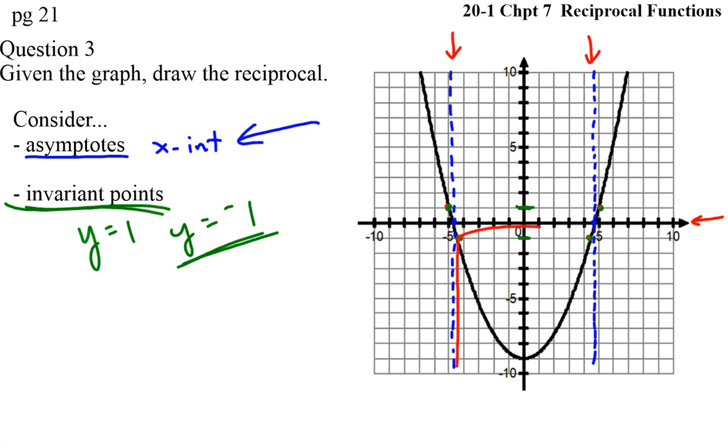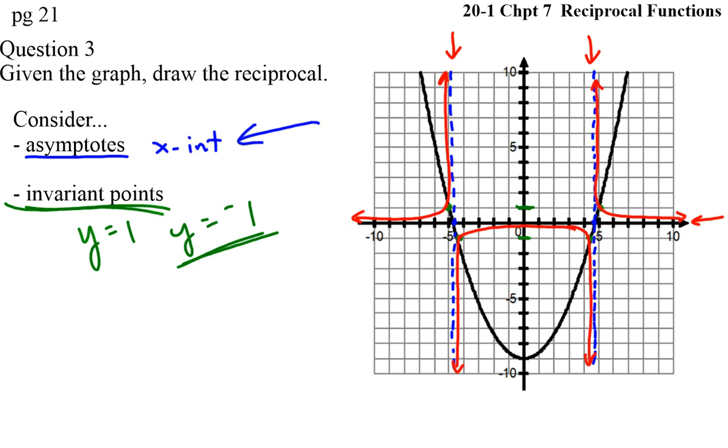In this case, I don't want to contact my x-axis because that's an asymptote, and I want to be close to but never contact my asymptote that's vertical. But I have the outside parts, close to but never contacting the asymptote, through the invariant point, curving, and then approaching the asymptote. And the same thing on the outside here. Never touching the asymptote, through the invariant point, curling, never touching the asymptote.